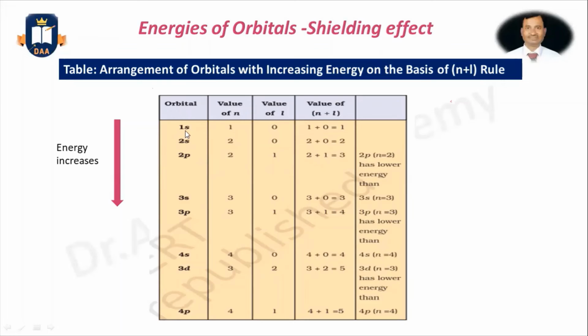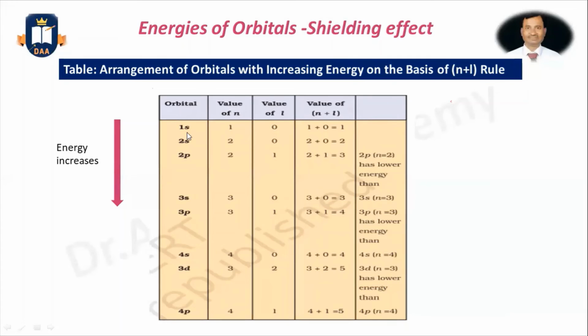For 1s, what is the value of principal quantum number n? Yes, 1. And for s, the azimuthal quantum number is 0. So n plus l is 1 plus 0, equal to 1. It is the lowest value, so 1s has the lowest energy.